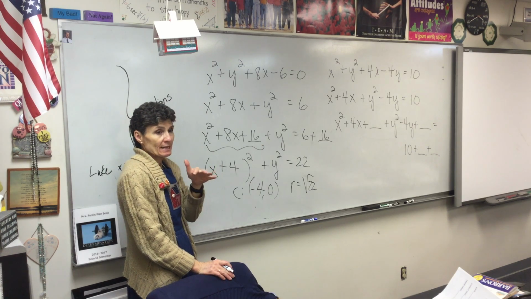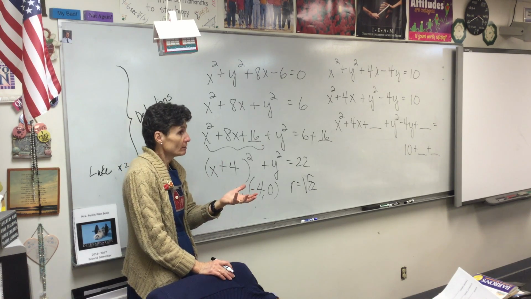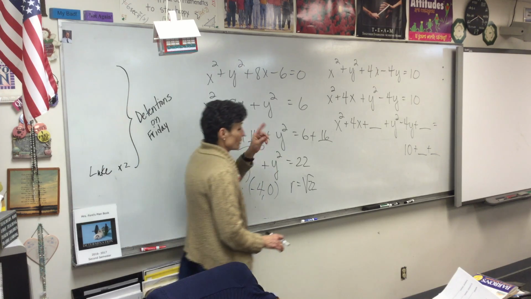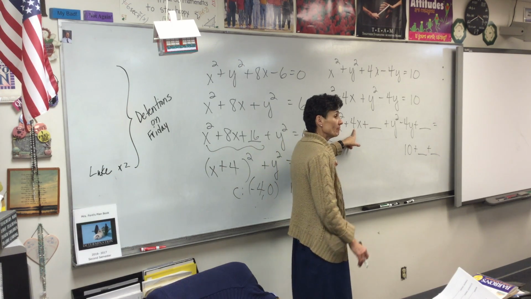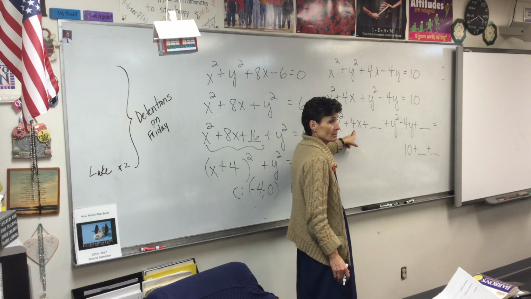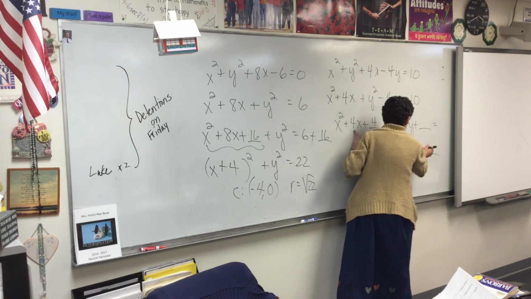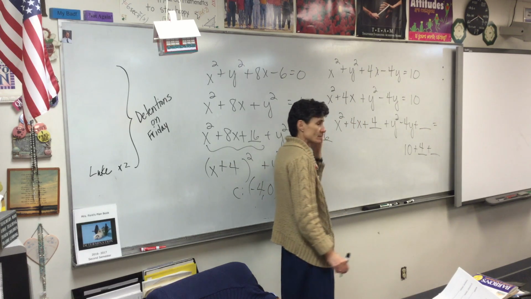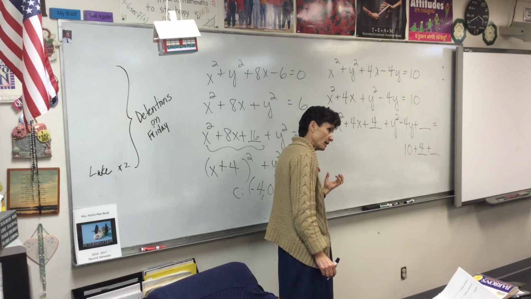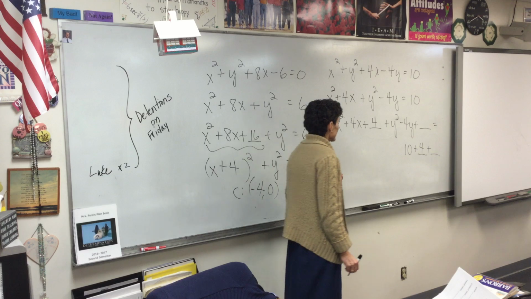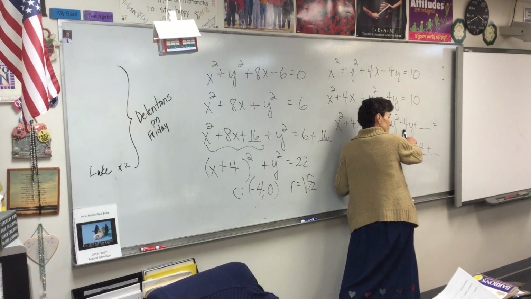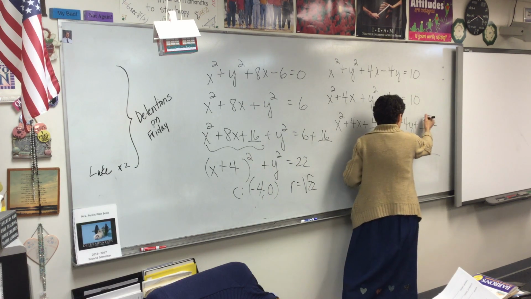So now you're ready to actually complete the square. So here we go. Half of 4 is 2, squared is 4. So I'm going to put a 4 here and a 4 here. Remember, whatever you stick on the right, you have to put on the left, and vice versa. Half of 4 is 2, squared is 4.